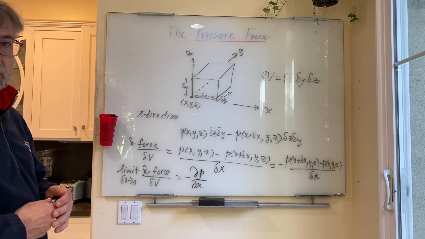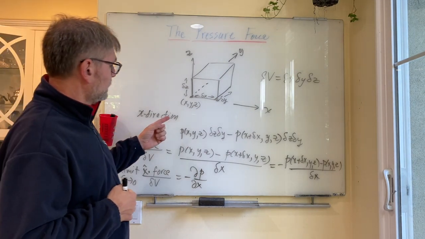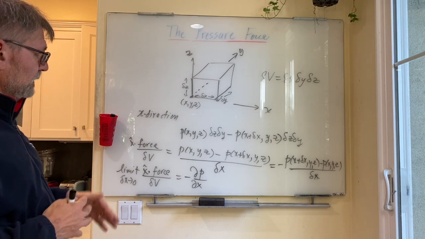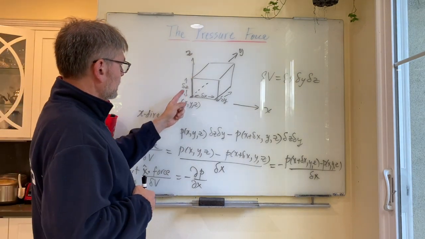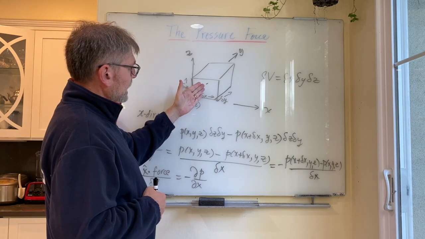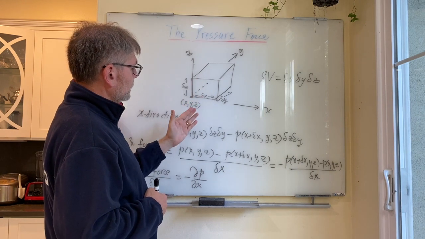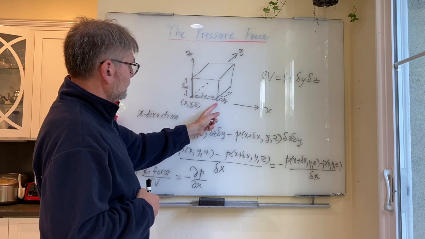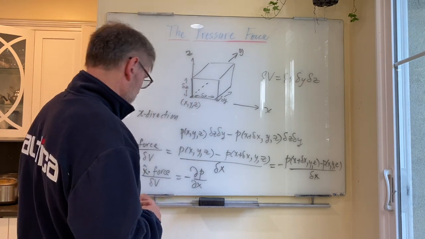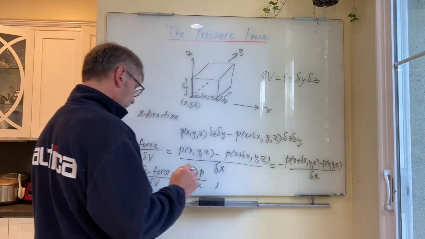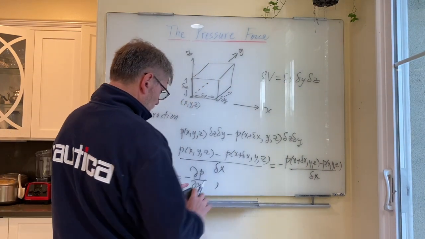And the same reasoning will work also in the y direction, right? The same thing will follow through. This time when I divide out by the volume, what will cancel out is the delta z and the delta x, and I'll be left with 1 over delta y. So if I take the force in the y direction, I'll get minus dp dy.